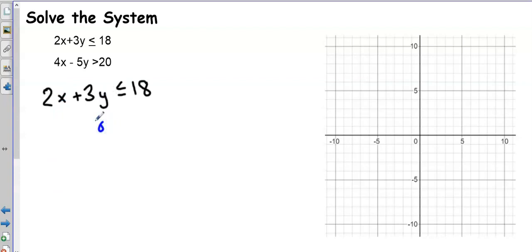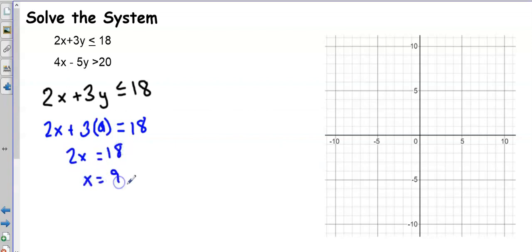So I'm going to put 0 in for y, and I'll bring down the rest of the equation. And I am going to solve this as an equation because I want the x-intercept, so I'm going to set it equal to 18. So I want to see exactly where, if just the line, not the inequality, the x-intercept is. So this makes 0, so I have 2x equals 18, and x equals 9.